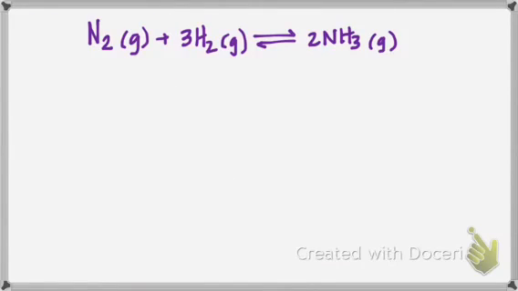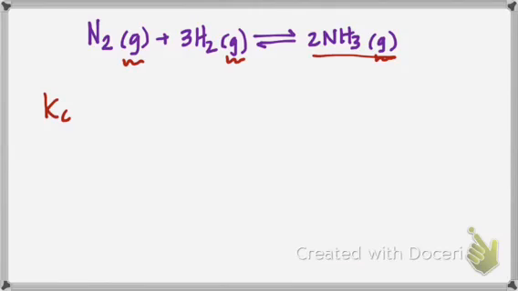So in this equation, you've got a balanced equation, and it's important that you have a balanced equation when you begin all this. If you remember, we're taking the products first. So we're looking at all these states of matter. I've got gases in all three, so we're good to go.